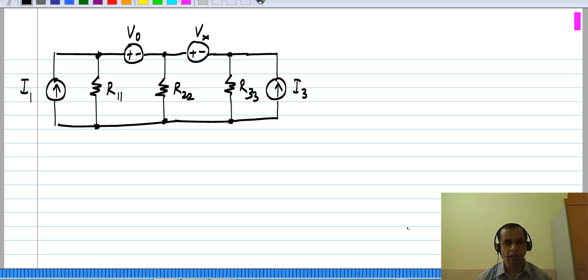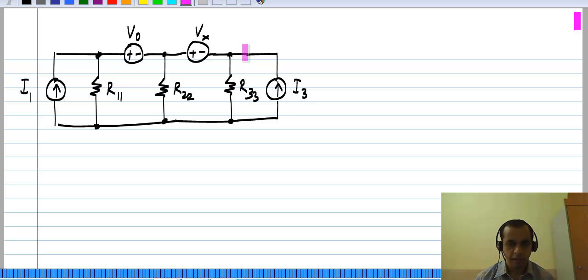Okay. Now let's take a couple of other examples of having voltage sources in different ways than I showed. So let's say the circuit is like this. That is, there are two voltage sources and they have a common node. For instance, here this voltage source is connected between node 1 and node 2, and another one is connected between node 2 and node 3.